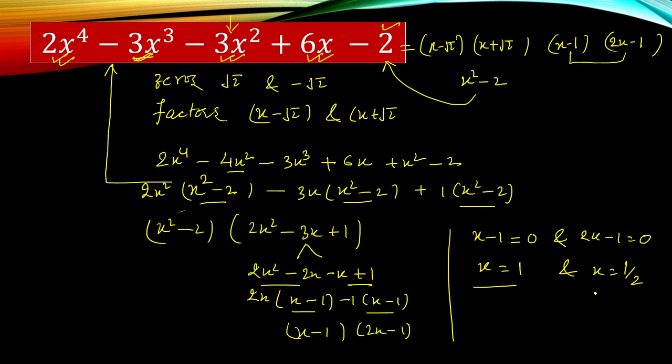These are the remaining zeros of the polynomial. So this is the alternative method that you can use in the examination if you are not comfortable with the division process, which was the first method. Definitely you will get nice marks with this method also.